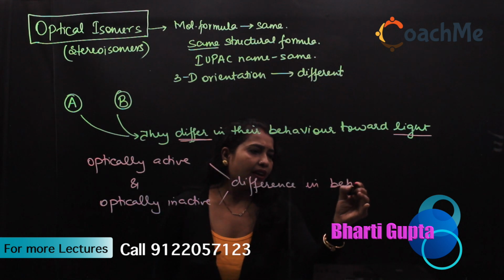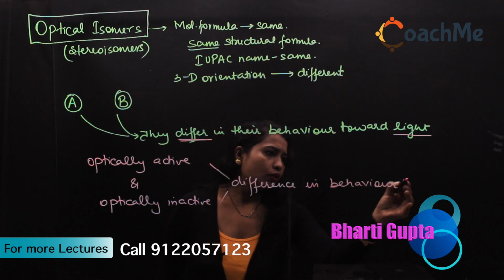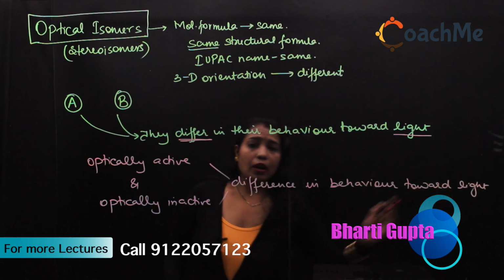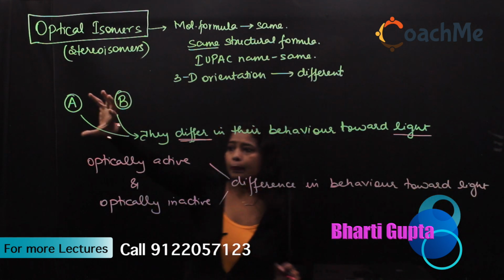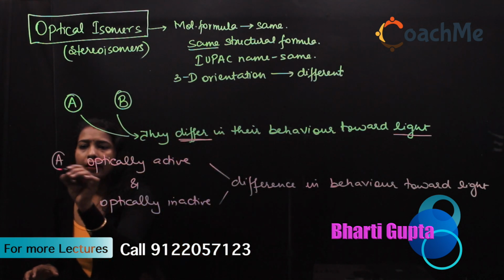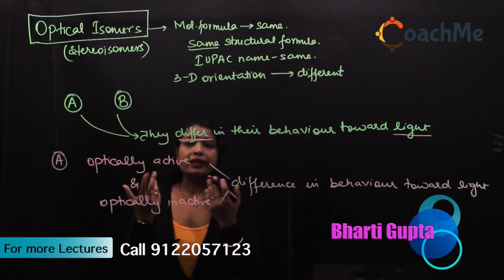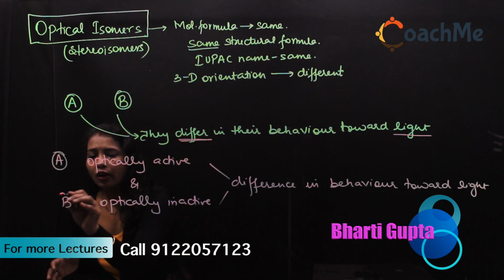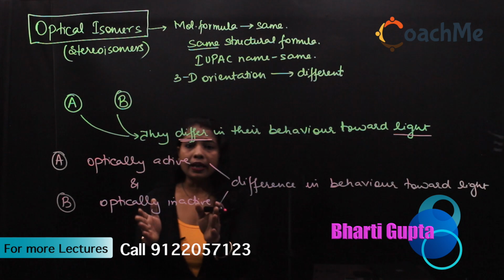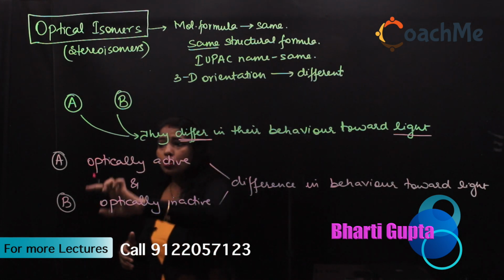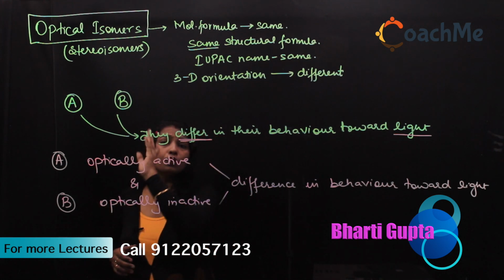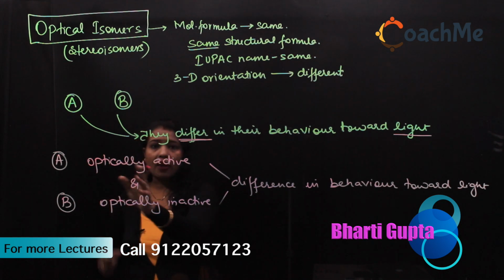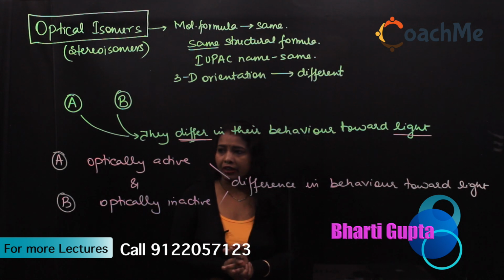Suppose A is affecting the light, we can say A is optically active. Compound B is not affecting the light, B is optically inactive. These two compounds have the same molecular formula, same structural formula, same IUPAC name, but one is affecting the light and the other is not.